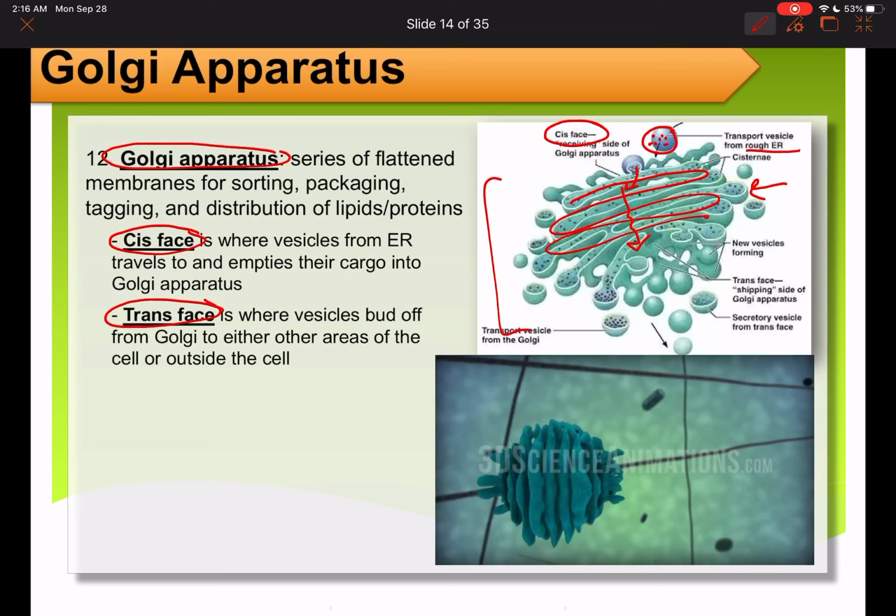So this is the trans phase right here, and they will bud out in new vesicles with the newly packaged protein.